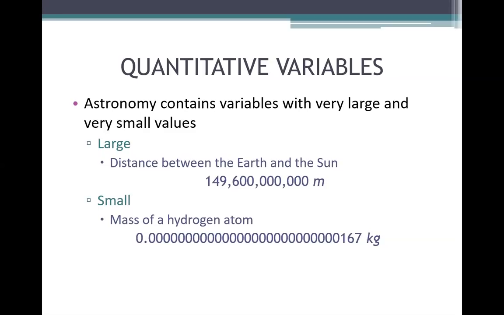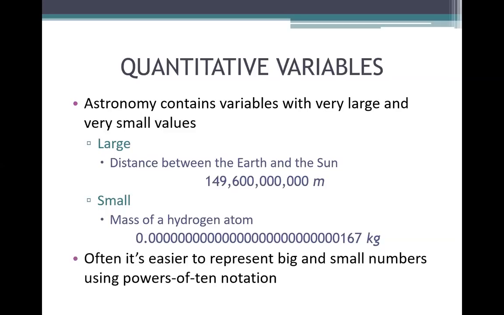So metric prefixes can help, but there are limitations. What we can do is that when we have very large numbers or very small numbers, it's often a smart idea to represent those numbers using powers of 10 notation, as our book calls it, or as pretty much every other book calls it, scientific notation.